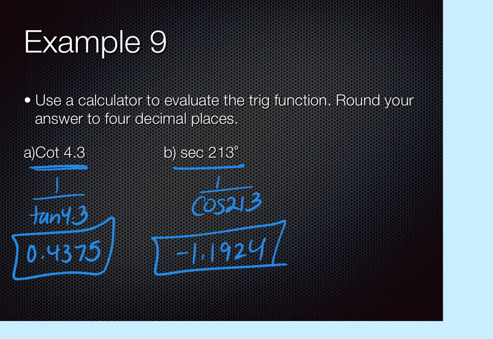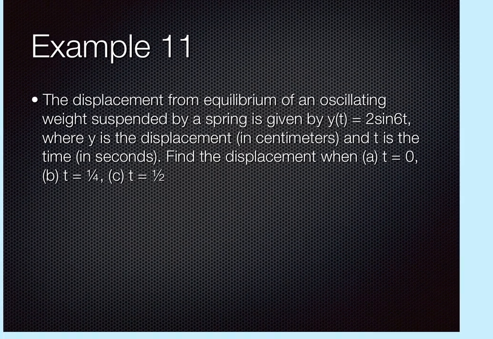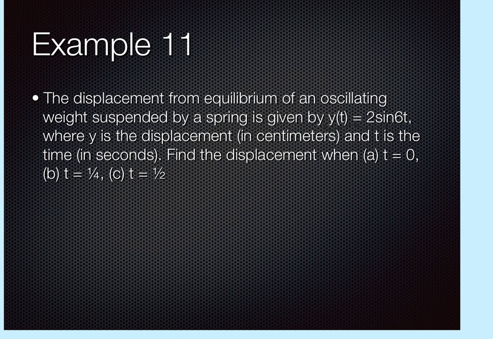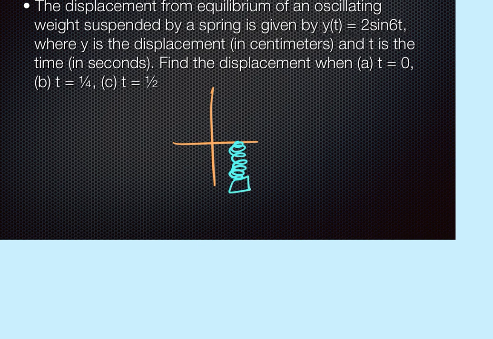All right, it says the displacement from equilibrium of an oscillating weight suspended by a spring is given by, and it gives you this equation. An oscillating weight is something that goes up and down. If you think about a spring, a spring is like a curly thing, hanging, and there's a weight on the bottom, and somebody pulls it.